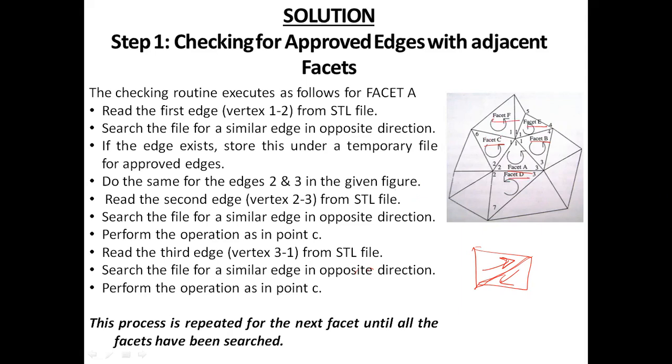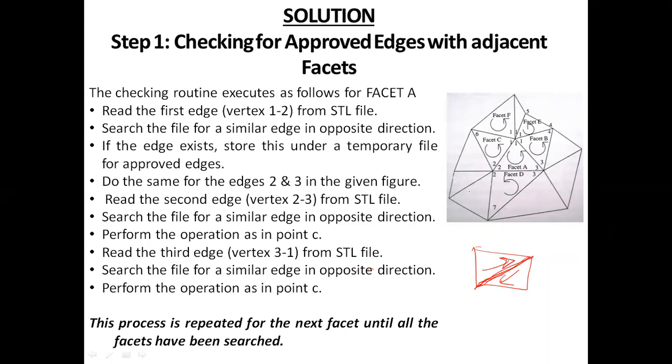For every facet, we check every edge, and for every edge we check whether it is a shared edge. If the edge is shared, and the orientability on the two facets of that shared edge is opposite, then the edge is valid.